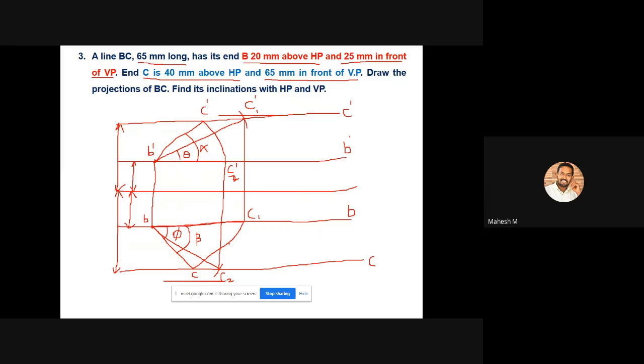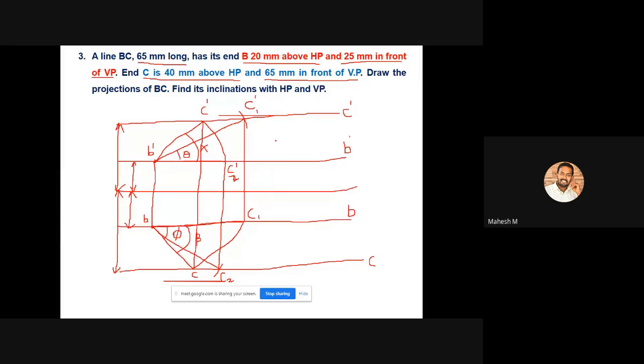There is a checking procedure, that means you can check whether this problem is right or wrong. For that, create a vertical line from C dash. If you create a vertical line from C dash, it should touch the point called C. If it is touching like this, your problem is right.